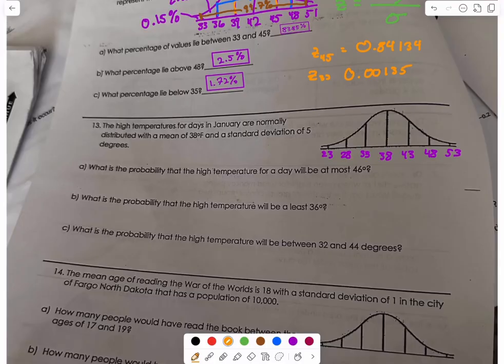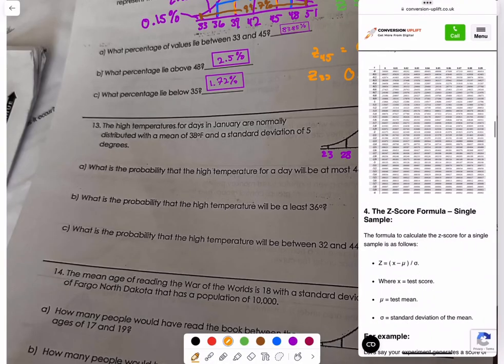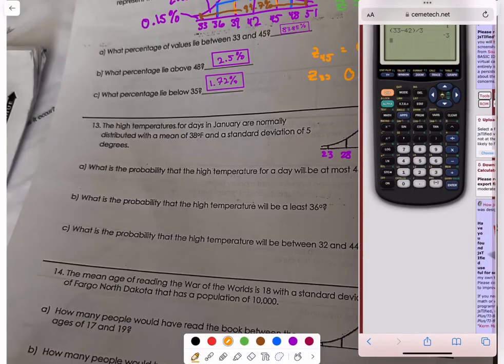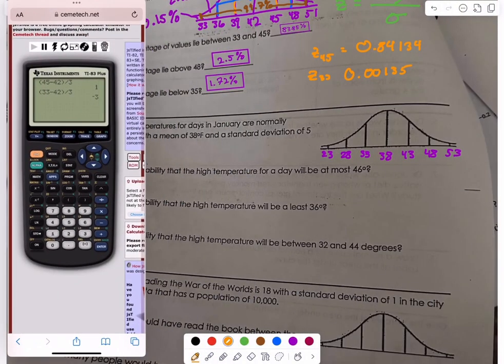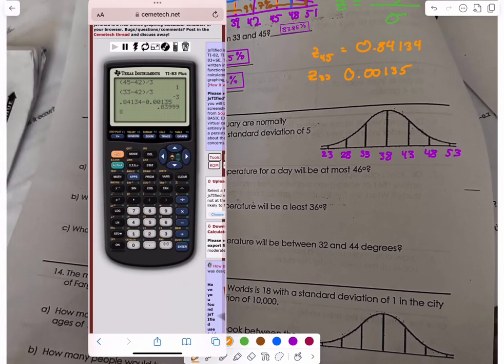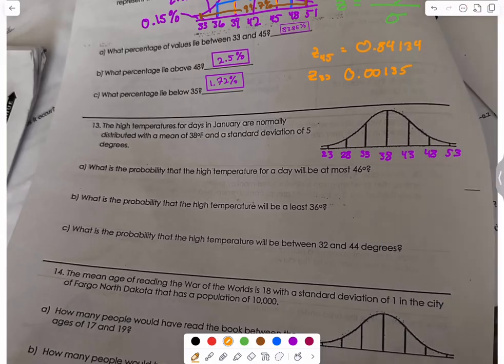So if we want the percentage between, we would subtract these results: 0.84134 minus 0.00135, and we get about 84%, which is approximately what we have, right?